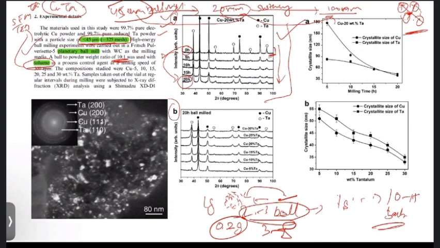Then with 20 hours, those peaks were fully reduced, and the sizes were fully reduced. If we go for 30 hours, then it is possible that there is no effect now. So that is why they have probably stopped at 20 hours.